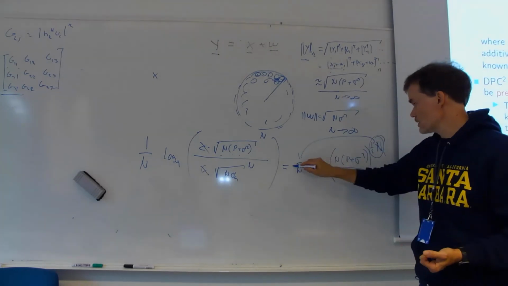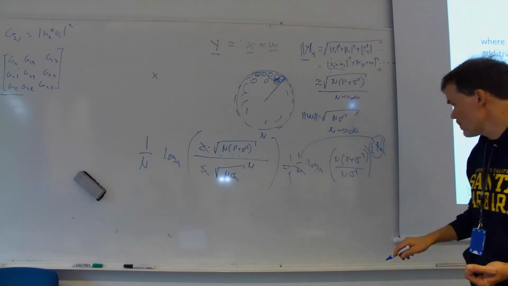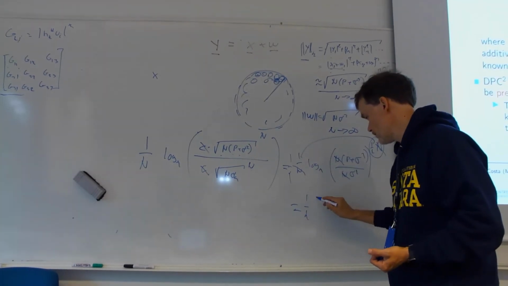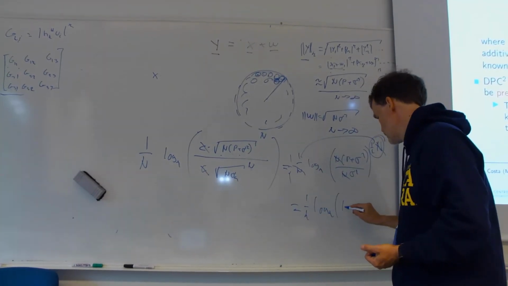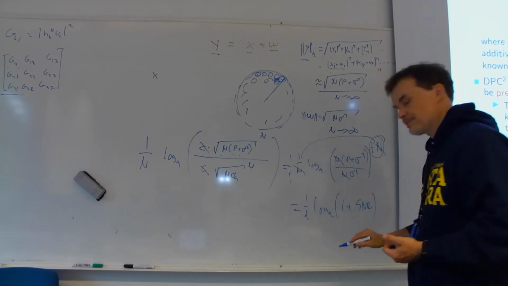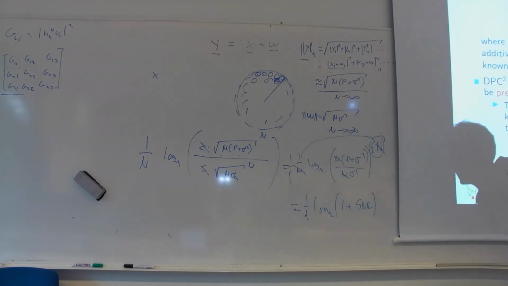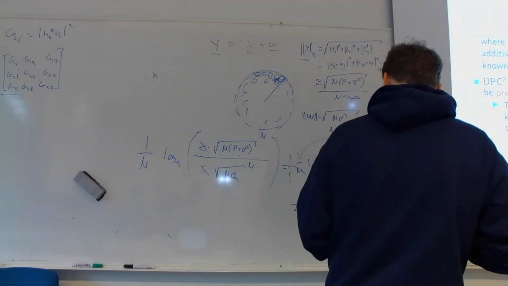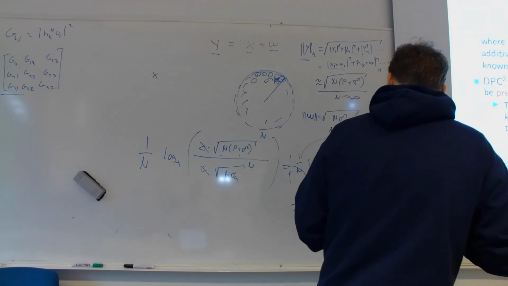The n cancels out, and in the end we have one half log 2 of (1 plus SNR). Okay. That was the argument for the sphere packing, and this is for the real case.